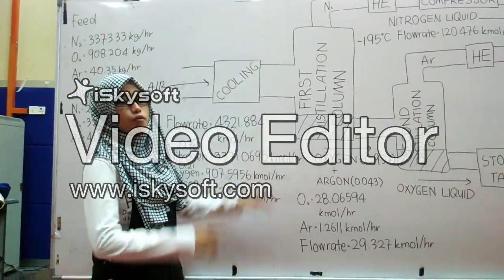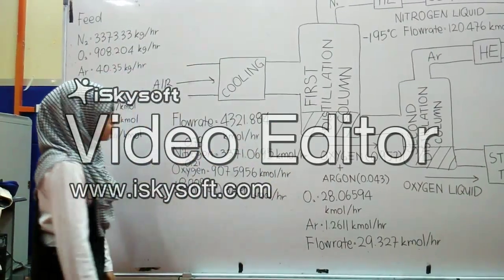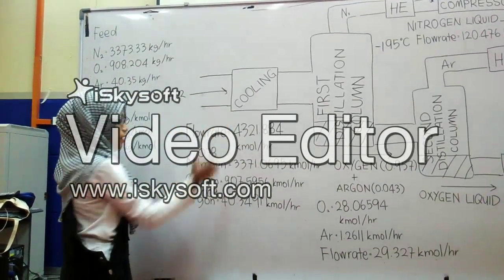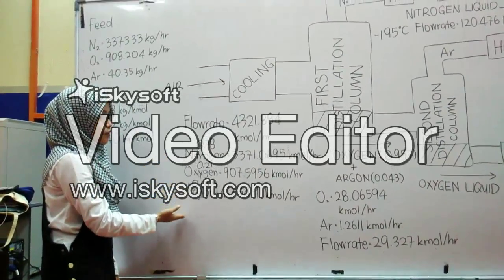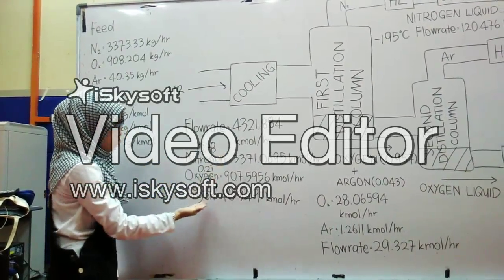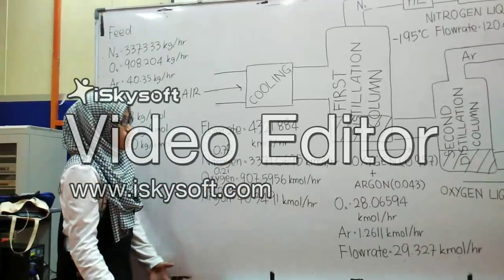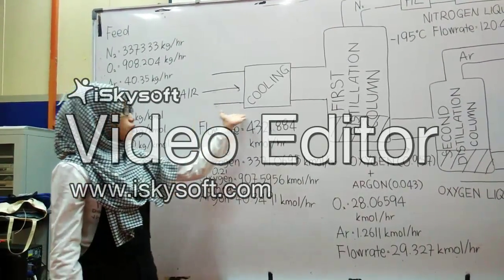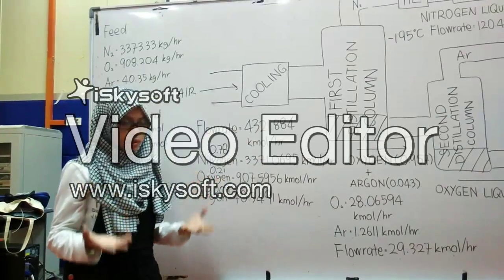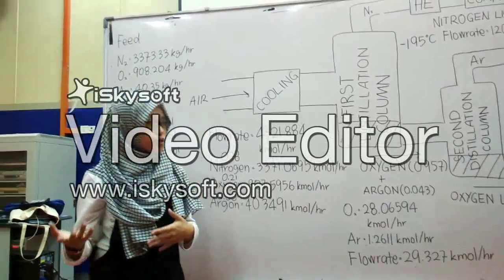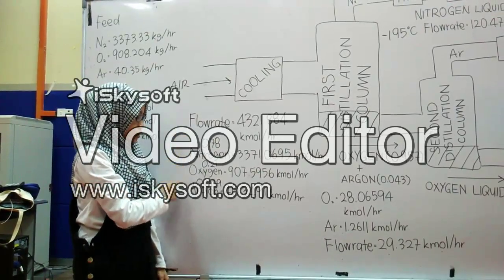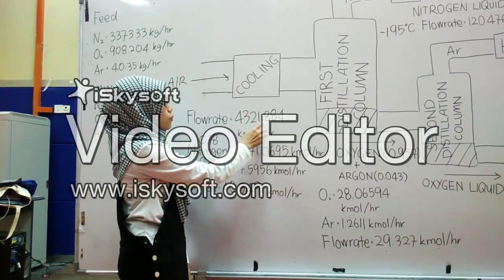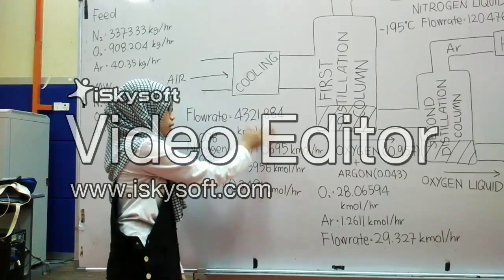About separation in the first distillation column. So, after the cooling process, the air consists of nitrogen, oxygen and argon, and their composition and flow rate still remain unchanged. Why? Because the cooling process just cools down the temperature following the cryogenic principle. So, the flow rate of nitrogen plus oxygen plus argon is 4321.884 kilomole per hour.